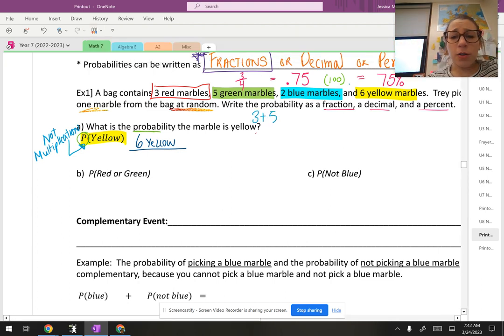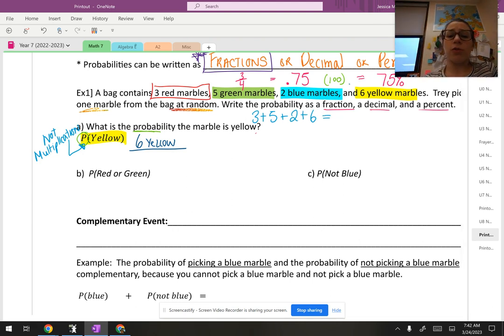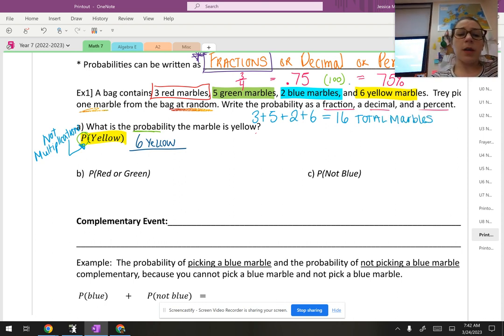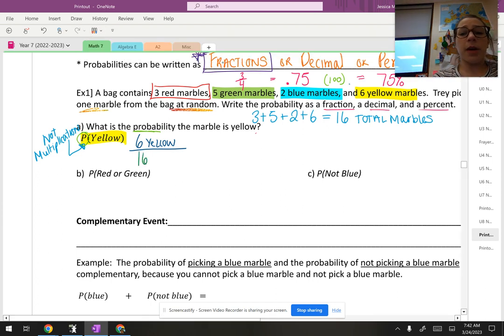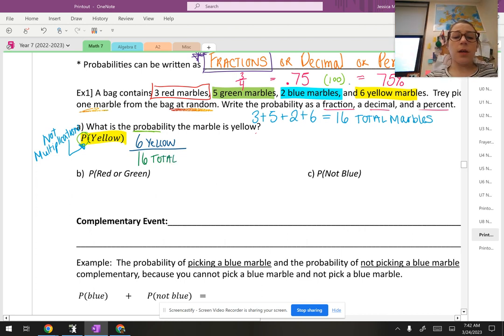Always great to double check yourself, make sure you're using a calculator, because you can't possibly get these fractions right if you have a wrong total. 16 total marbles. So that 16 is the total possibilities, so that's going to go on the bottom. Boom, there's my fraction, 6 over 16.